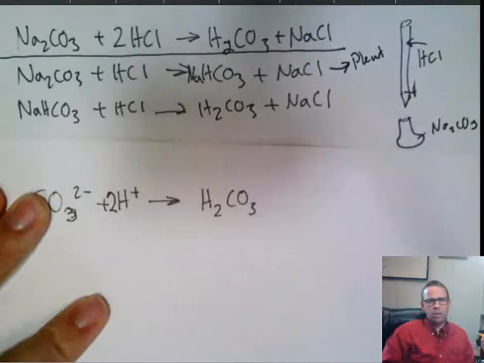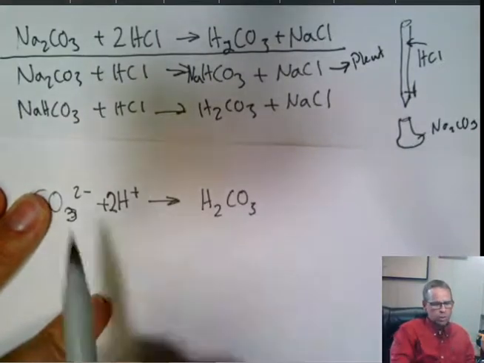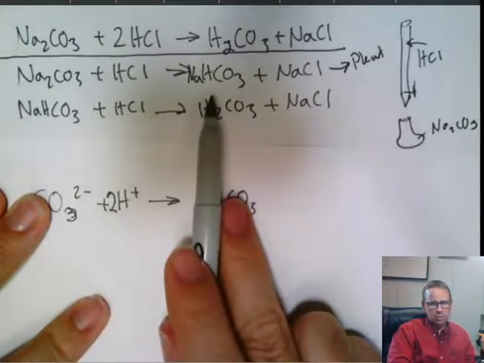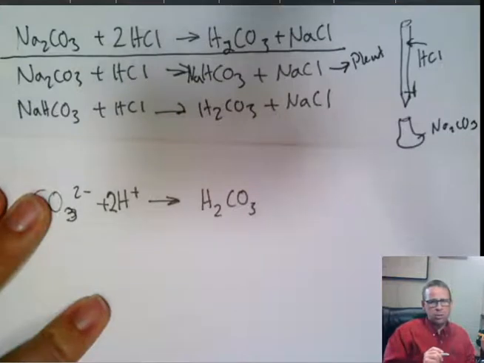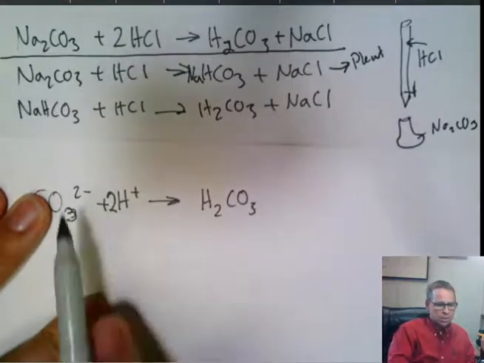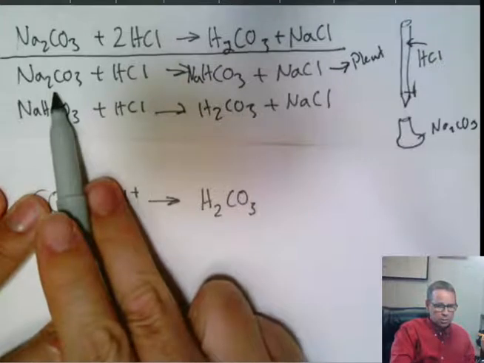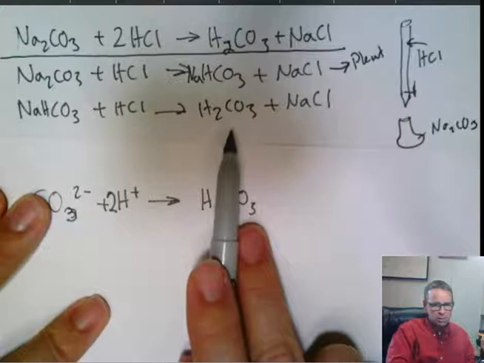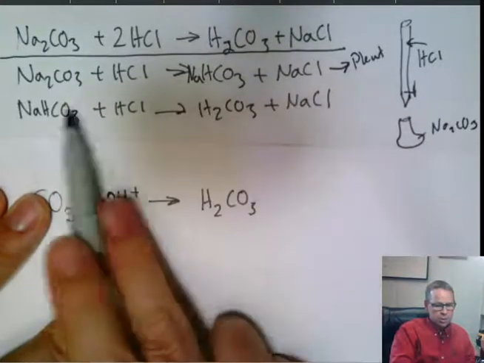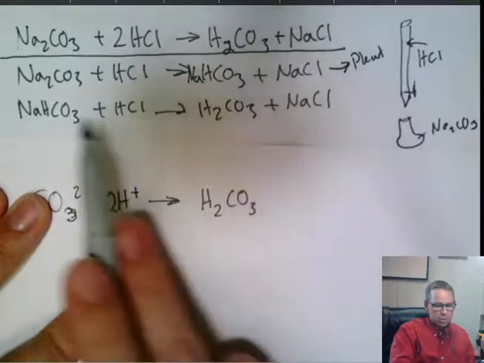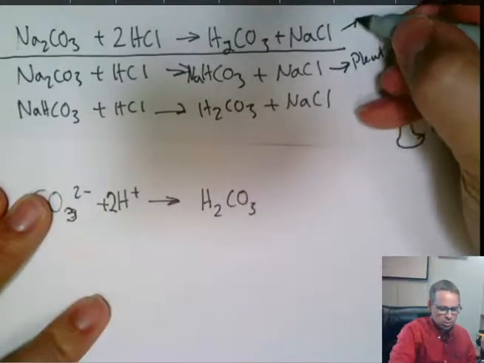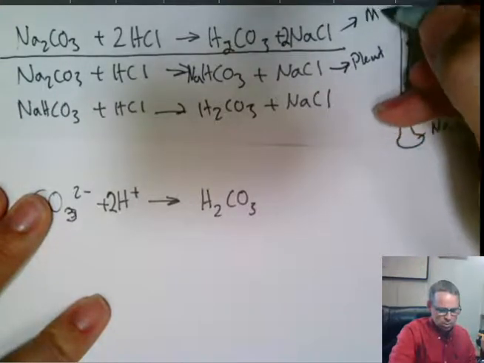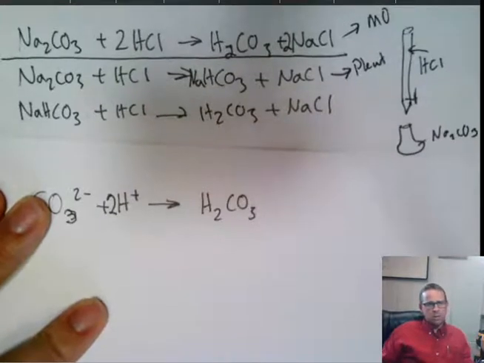The phenolphthalein will change color once all of the carbonate has been converted to bicarbonate. Whereas the methyl orange won't change color until all of the carbonate is actually converted not just to bicarbonate, but to carbonic acid. So the methyl orange won't change color until this reaction has completely occurred. Whoops, we forgot a 2 on there for that sodium chloride. So that reaction has come to completion.